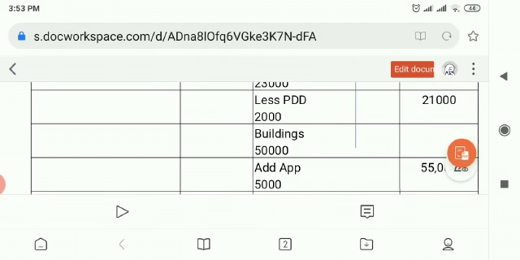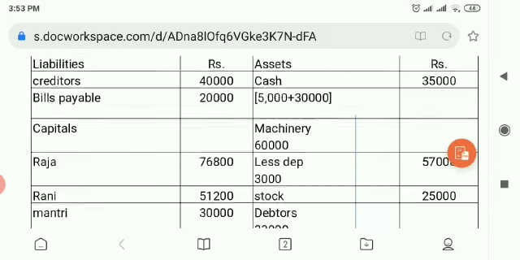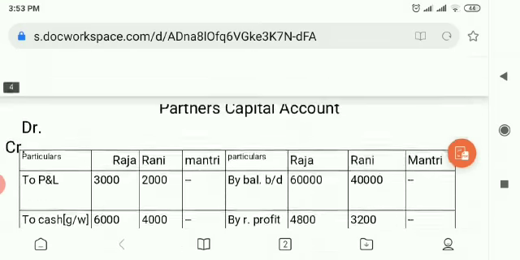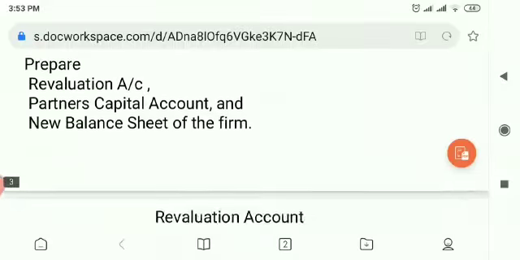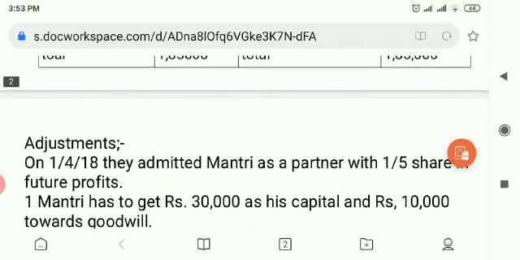Next, they have given you the investments. Write in the inner column the investments, because there is an adjustment regarding the revaluation. Okay, now come to the adjustment. First adjustment, Mantri has to bring 30,000 as his capital.